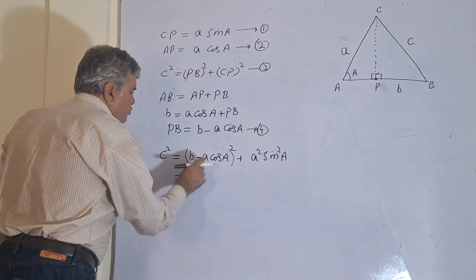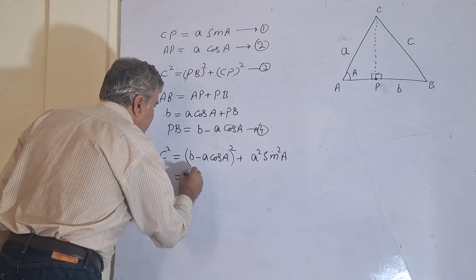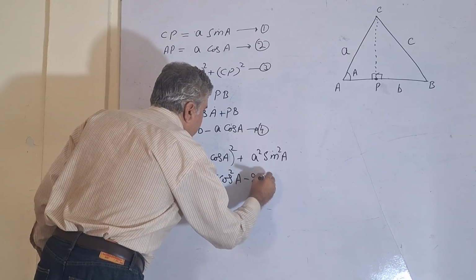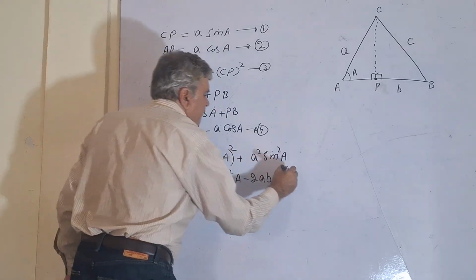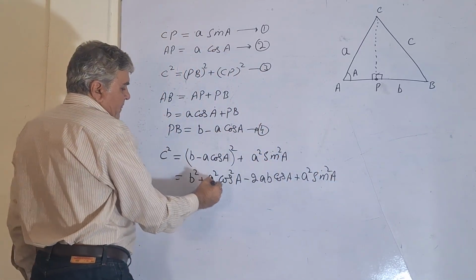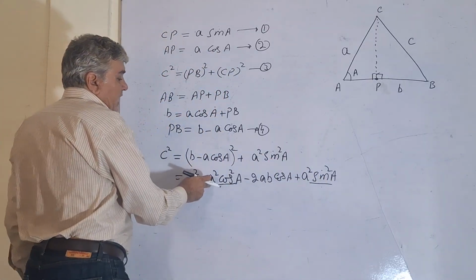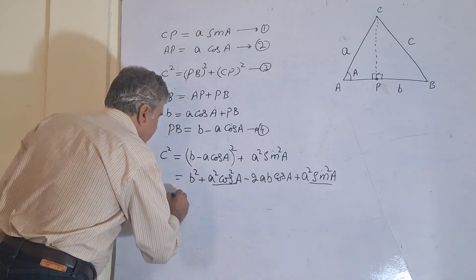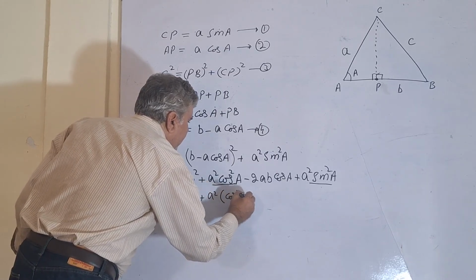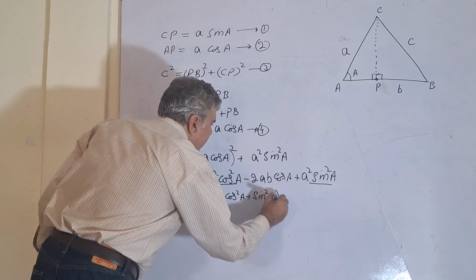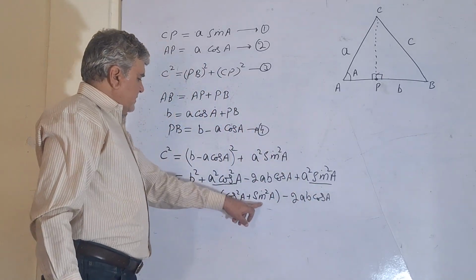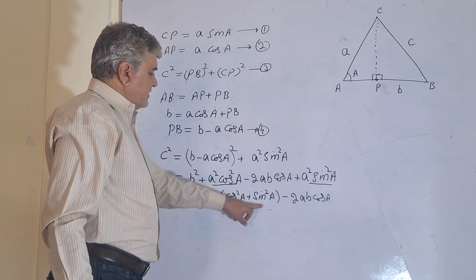This is a composite square, so I open the brackets. I can write this as b squared plus a squared cos squared A minus 2ab cos A, and then plus a squared sine squared A. I can combine the second term and the last term by taking a squared common, and write this as b squared plus a squared times cos squared A plus sine squared A, minus 2ab cos A. Now, this is the trigonometric identity, and we know this is equal to 1.